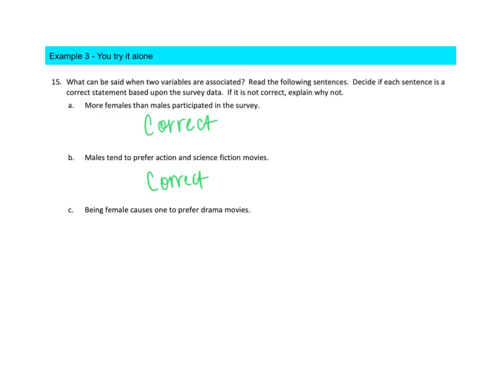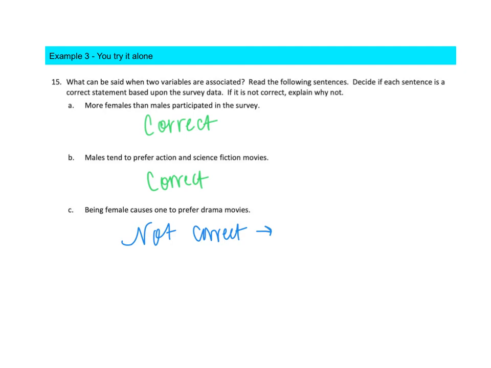Is it a correct thing to say that being female causes you to prefer drama? No, that's not correct. And the reason that's not correct is because just because there's an association in our data tables, doesn't mean that that's a cause and effect relationship, right? Just because you're a female doesn't mean you prefer drama, even if a survey said that more females prefer drama.